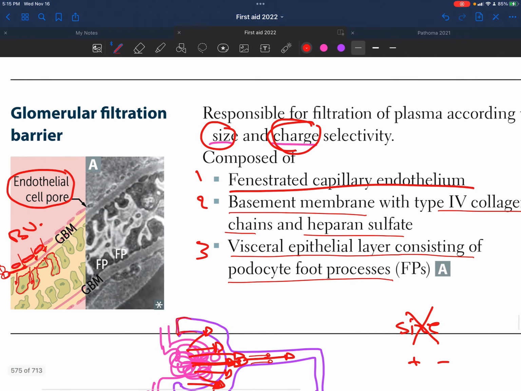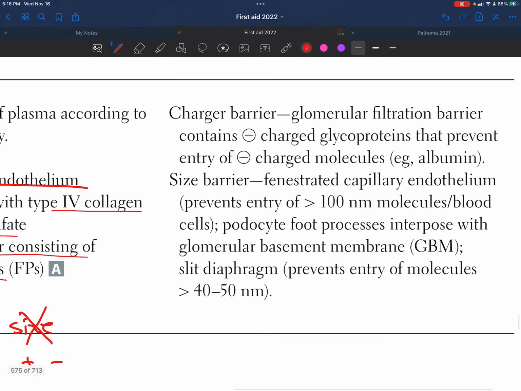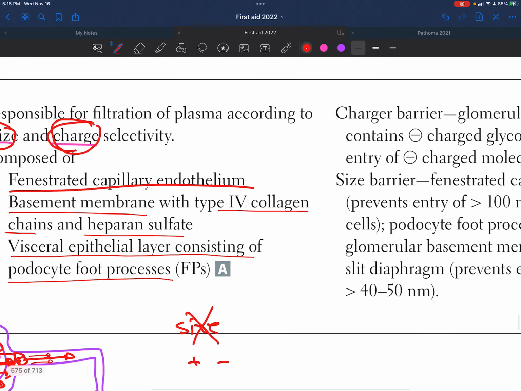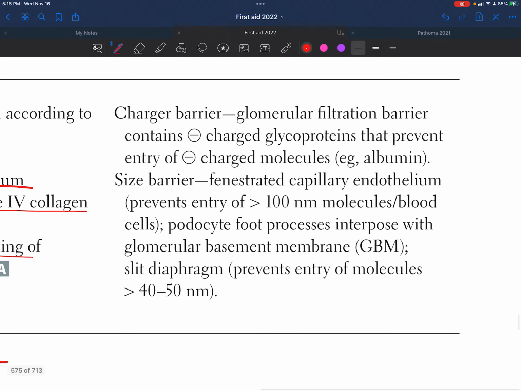These are the three main barriers that the filtrates leaving the blood for the urine have to face one by one, and filtration through them is based on either charge or size. On charge, for example, the glomerular filtration barrier contains negatively charged glycoproteins that prevent entry of negatively charged molecules, just like albumin.